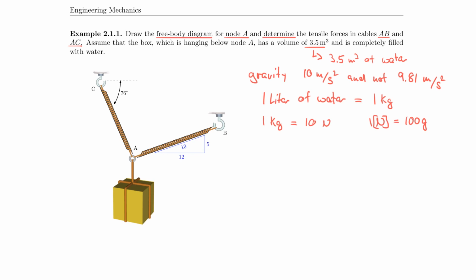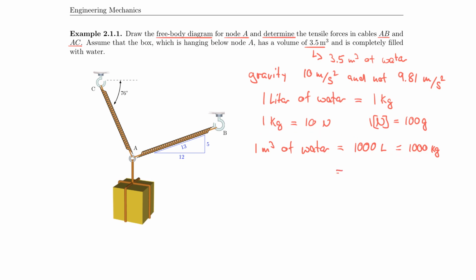However, you remember this, and therefore you can convert the 3.5 cubic meter of water into an acting force. So 1 cubic meter of water is really equal to 1,000 liters, right? And 1,000 liters times 1 kilogram is equal to 1,000 kilograms. So that means that we now have to multiply this by 10 to get to Newton, right? 1 kilogram is 10 newtons, so we're now going to multiply that.